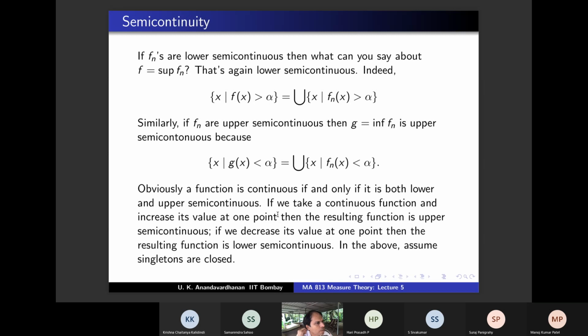Is that true? Yes, sir. Maybe you don't need Hausdorff, right? Singletons being closed is itself a separation axiom, no? What is it called? T1? Whatever. Anyway, we will always be on Hausdorff spaces.